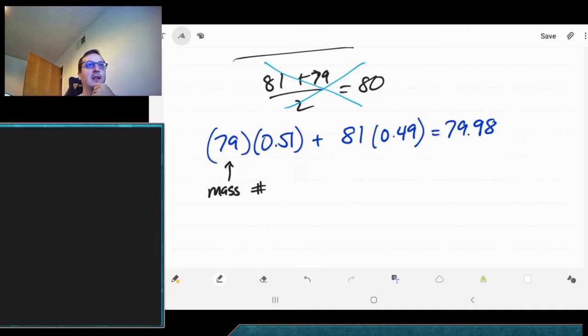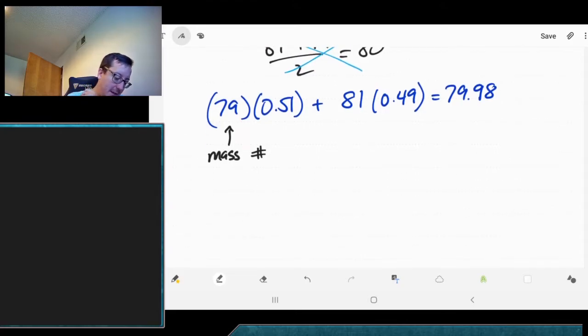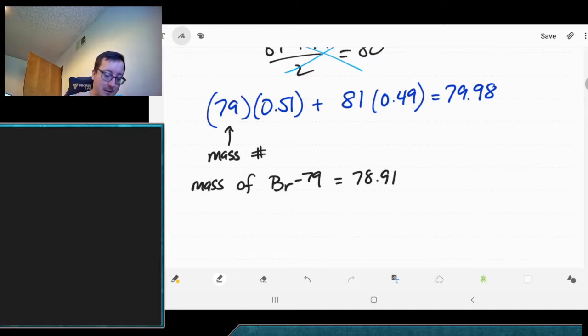But what's interesting though, is because protons weigh actually a little bit less than neutrons, just a little bit, we're going to see that the actual mass of the bromine 79 isotope, again, this is not something you'll ever need to calculate or anything, I'll give this to you, is 78.91834 AMU, atomic mass units.